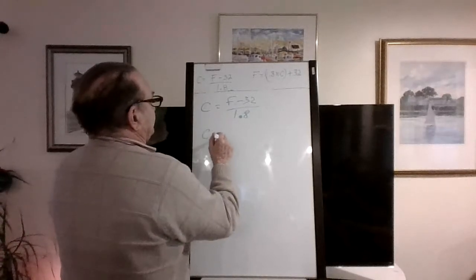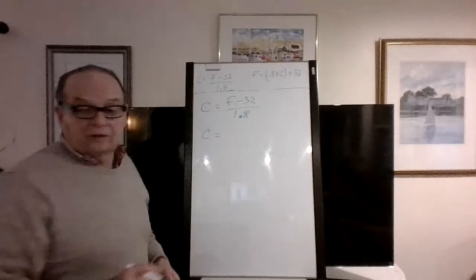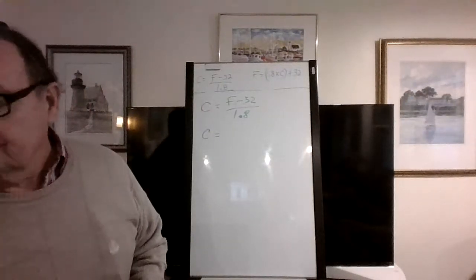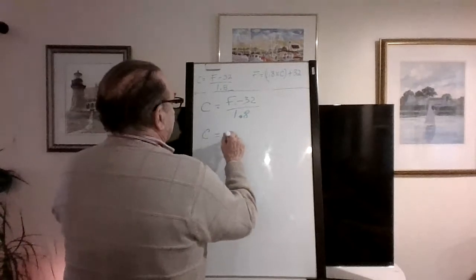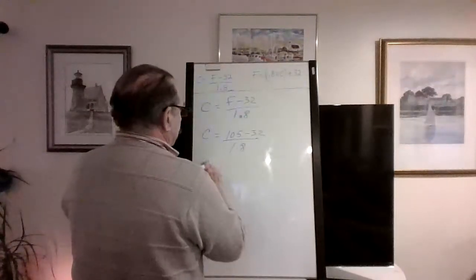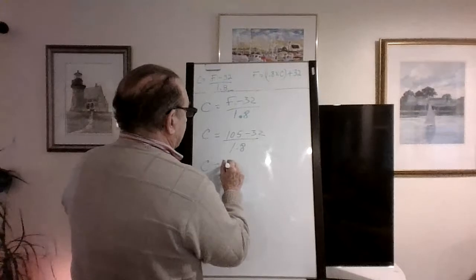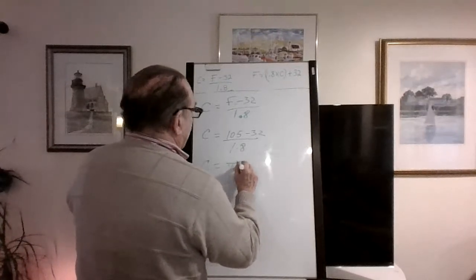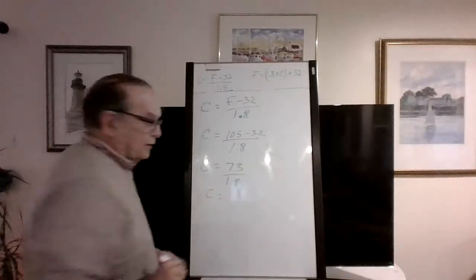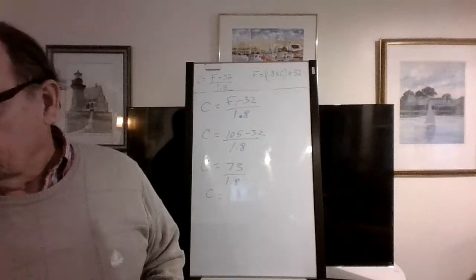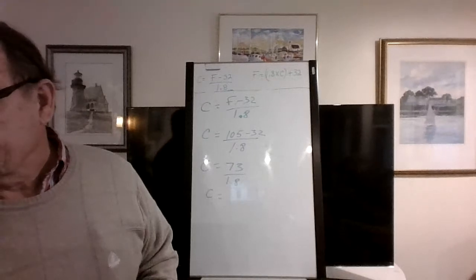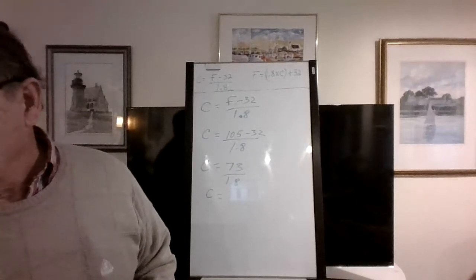Okay, let's go through it. F in this case was 105. 73 over 1.8, so it's 40.5.